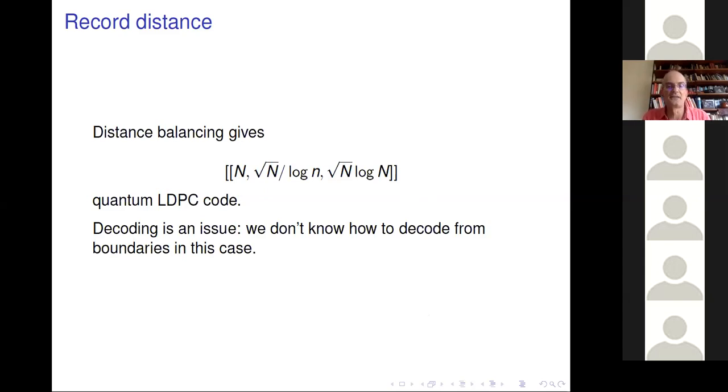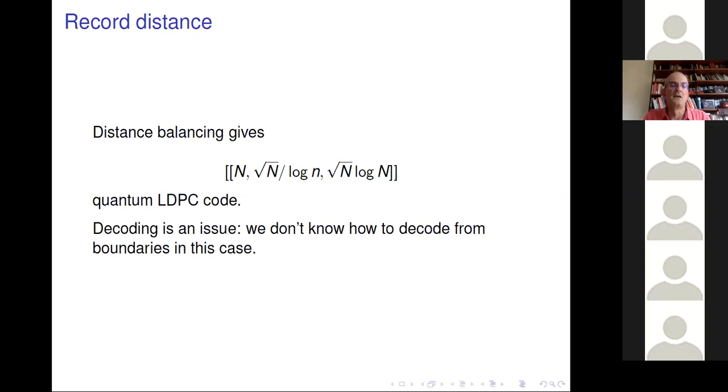When we do this, there are some things that we lose. This time, we have a decoding problem. We don't know how to decode from boundaries. We don't know how to decode from Z errors, and this is because we don't know how to decode from Z errors in the component subcomplex of our three-dimensional simplicial complex.